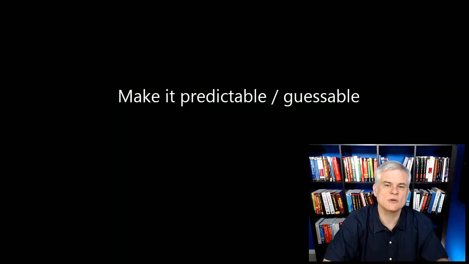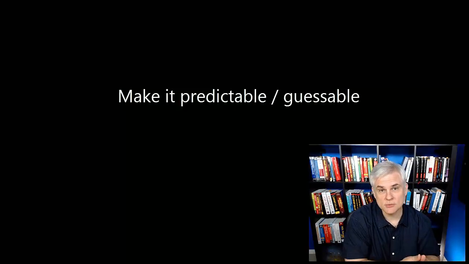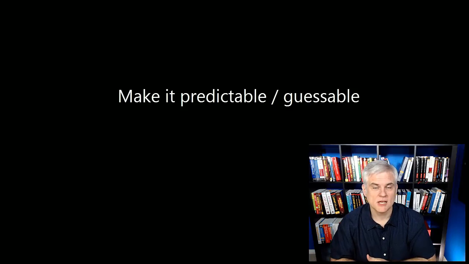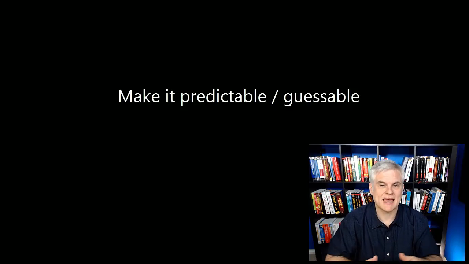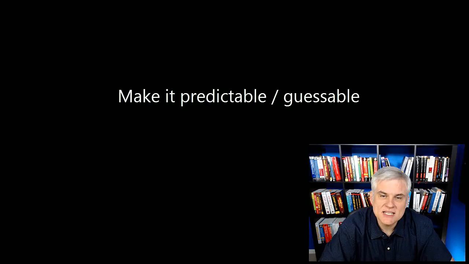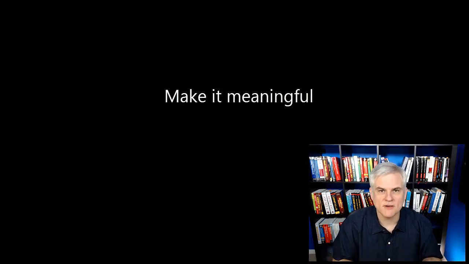The next thing you want to do is to make your URLs predictable and human guessable. Like we talked about, we'll come back to hackable in a moment. The next thing is that you want to make the URLs meaningful. They should be descriptive of the resource. So the URL should hint at the type of resource the user is accessing.